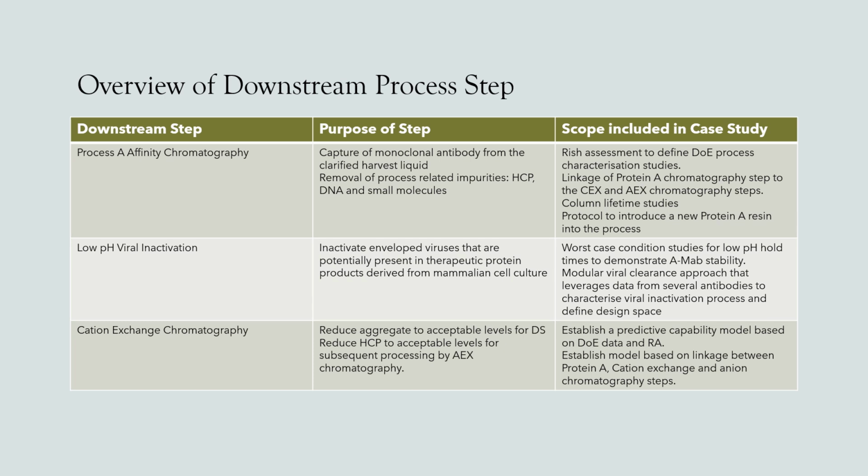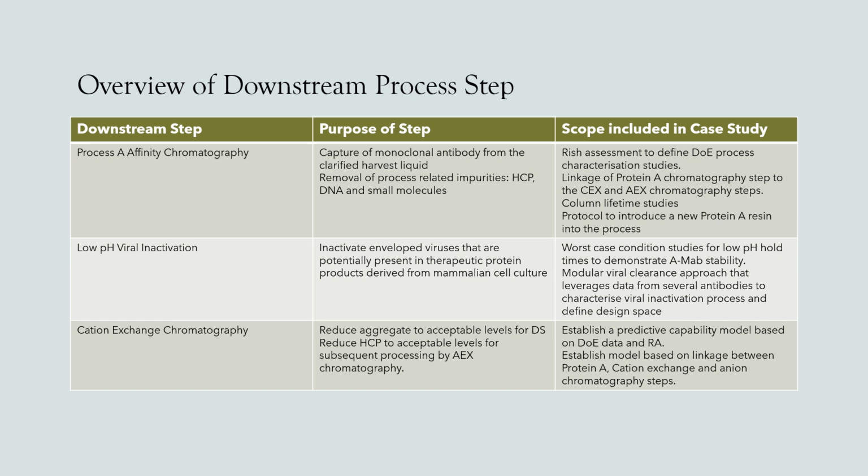And then you have cation exchange chromatography, which is another polishing step to remove aggregates and host cell proteins. Basically, chromatography exploits the difference between the resins or the stationary phase and the products and the eluent that's being used to deliver them.